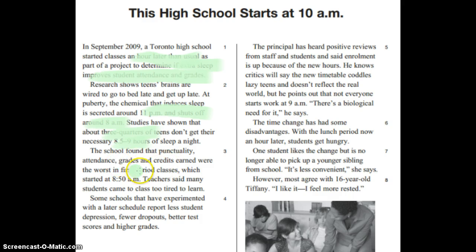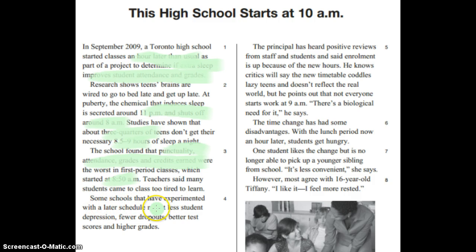The school found that punctuality, attendance, and grades and credits earned were the worst in first period classes, which started around 8:50 a.m. Wow, 8:50. We're partway through period 1 by then. Teachers said many students came to class too tired to learn.